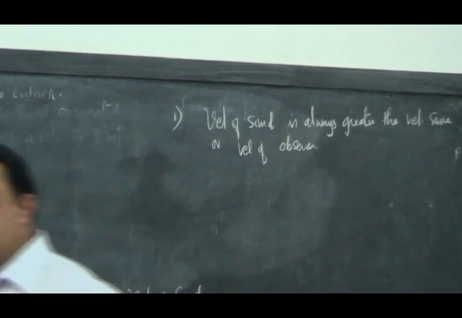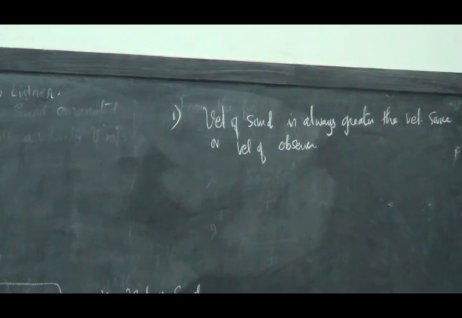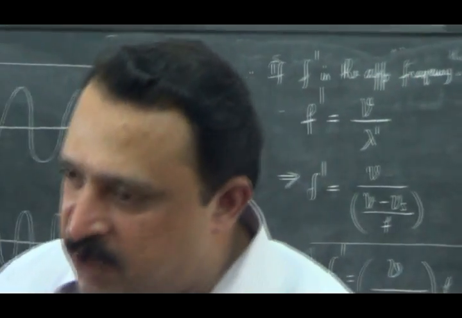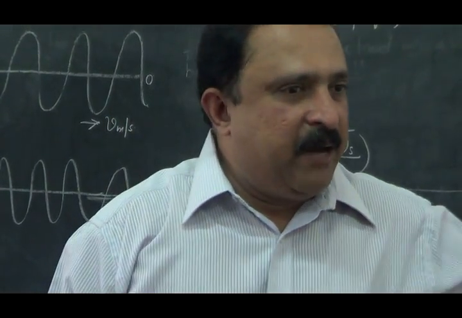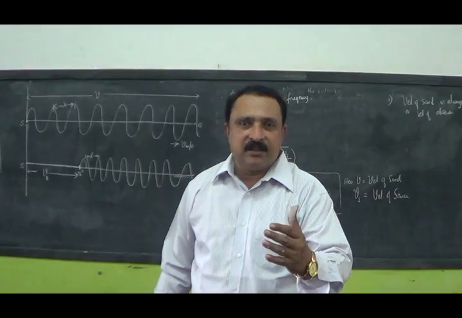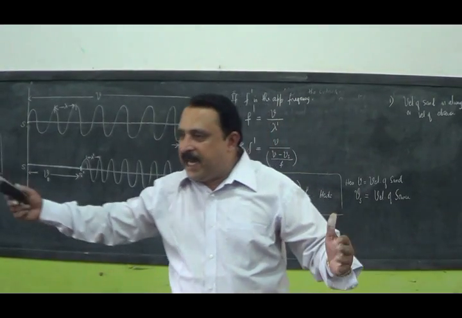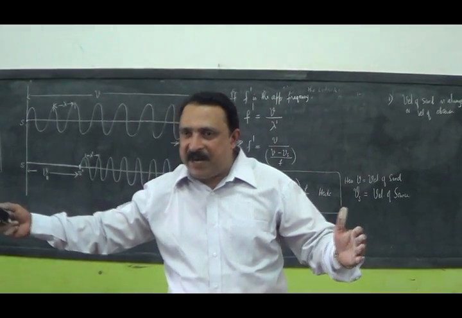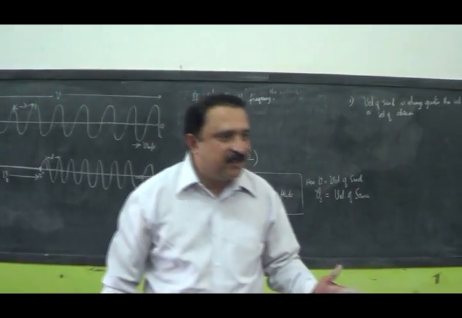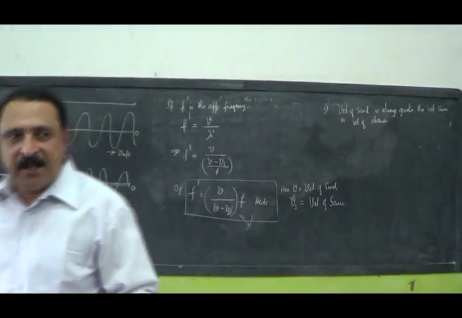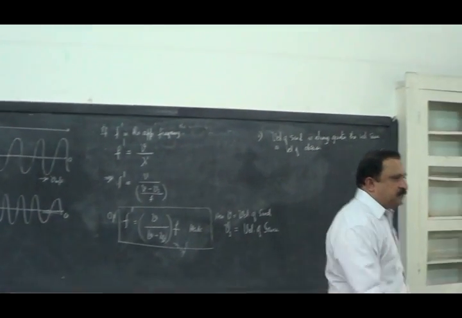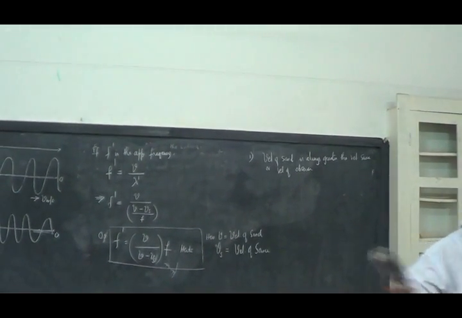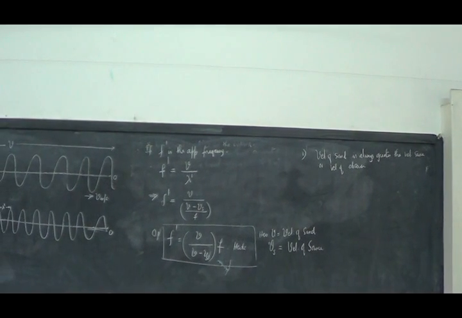It need not be an assumption, it is common sense. What is the actual value of the velocity of sound? Around 330 meters per second. Can any train move at that speed? Or can any person walking or standing on the railway platform exceed this speed? No. So the velocity of sound is always greater than the velocity of source or observer in the Doppler effect.